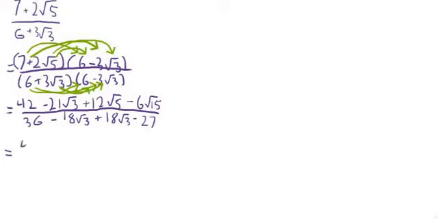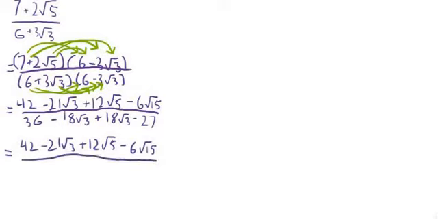So we have 42 minus 21 root 3 plus 12 root 5 minus 6 root 15 over, we can simplify more here, 36 minus 27 is 9, and the minus 18 root 3 and the plus 18 root 3 cancel out, so that's just over 9.